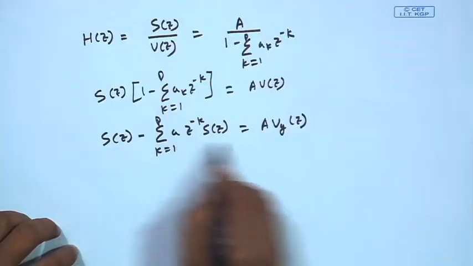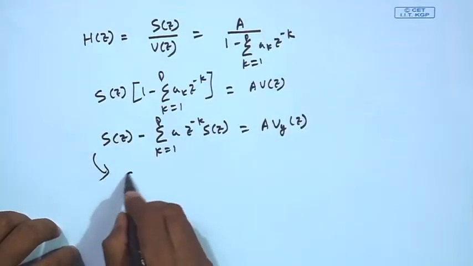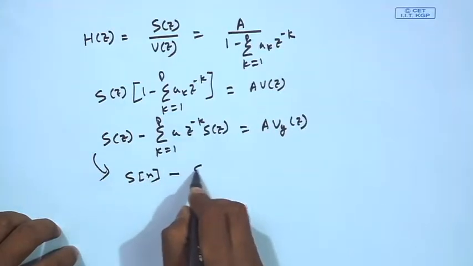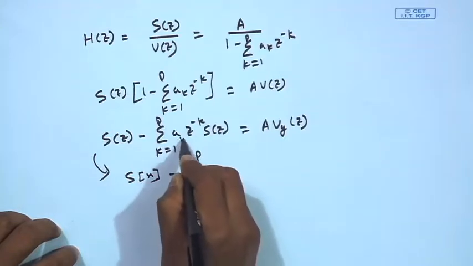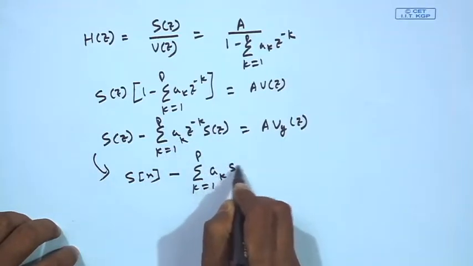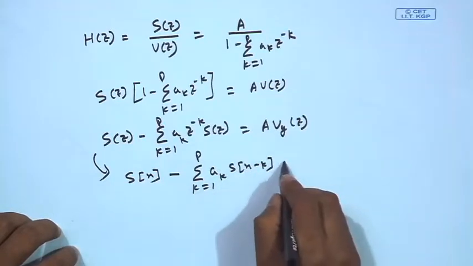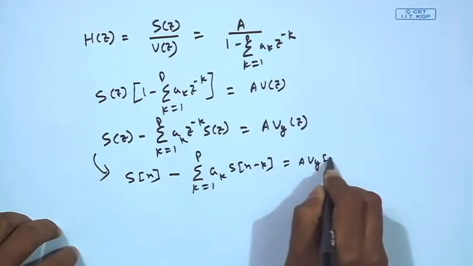So, the z-domain relation is like that; in the time domain, s(n) minus the sum for k equal to 1 to p of a_k s(n minus k) is equal to A u_G(n).